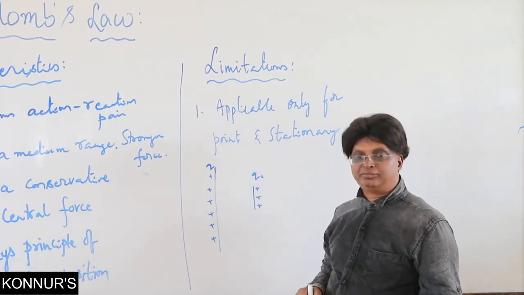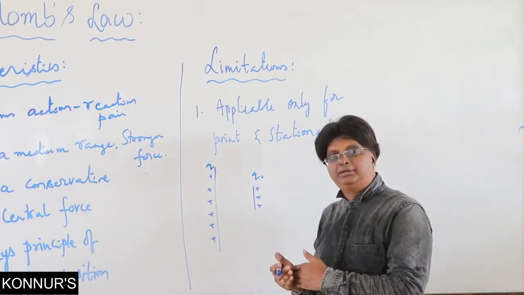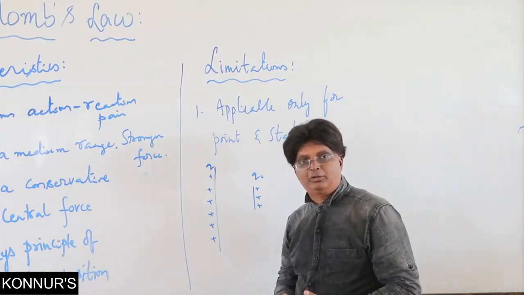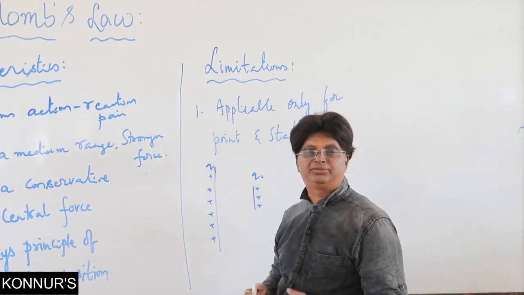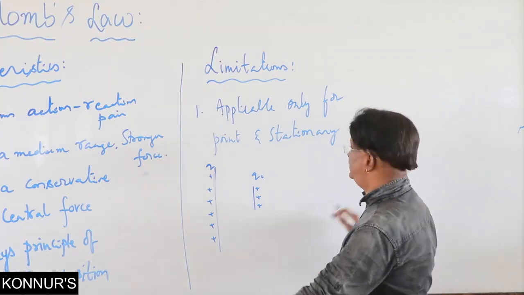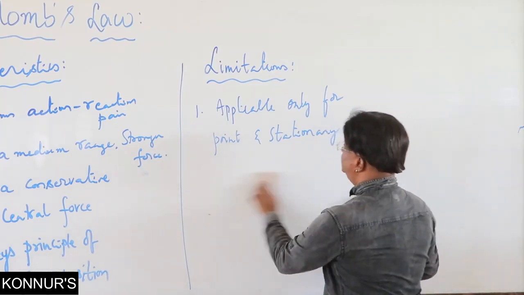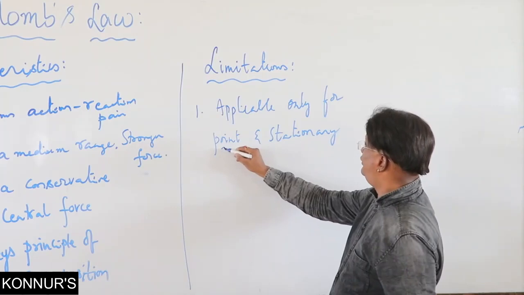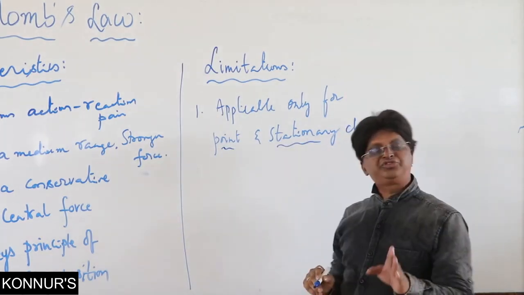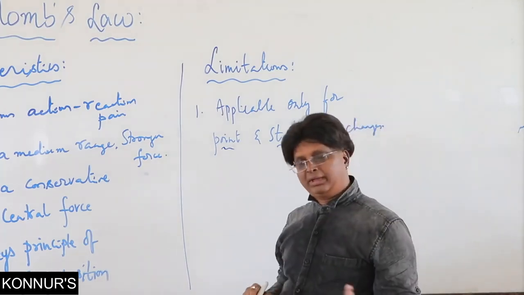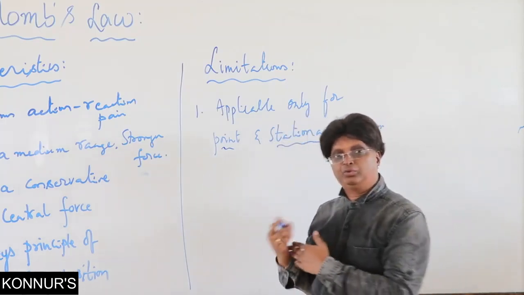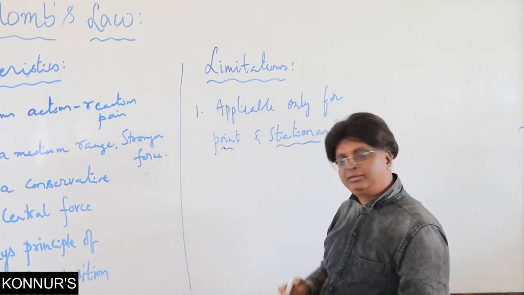Of course, it will be done by another method, which is the calculus method. When we come back to our colleges and begin our JEE practice, we will deal with such examples also. So it is applicable only for point stationary charges. For moving charges, it is not applicable. Why? Again, we will come to that point in the next stages, when we understand other units.